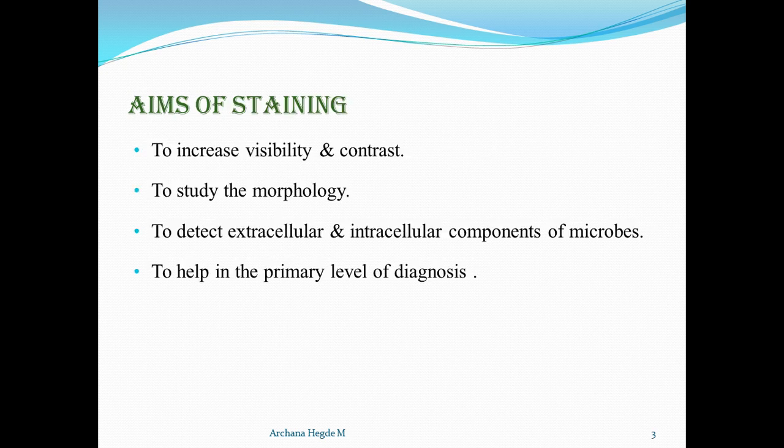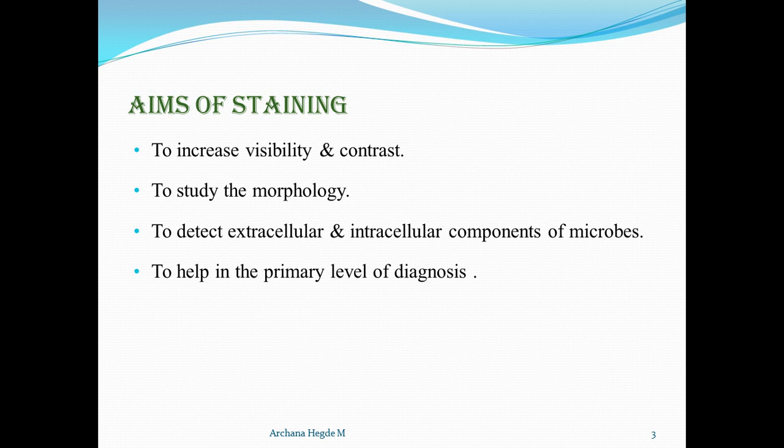Aims of staining: to increase visibility and contrast, which means to view the microorganism under the microscope. It is also used to study the morphology. Morphology means cell structure, cell membrane, nucleus, etc., inside or outside or surrounding the microorganism.